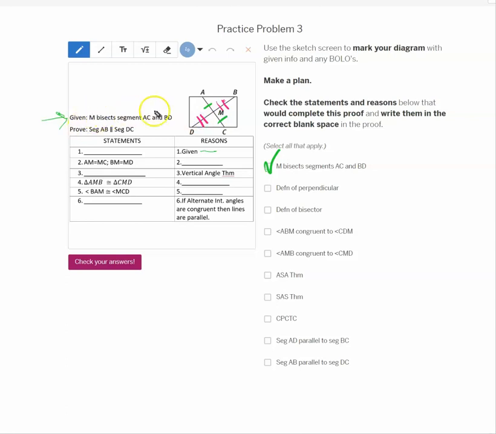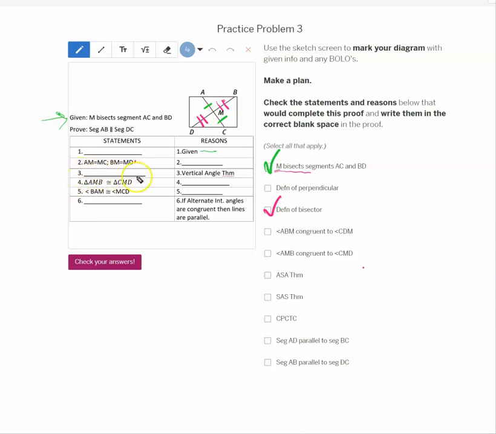Since it said it bisects a segment, that is the definition of bisector, because you always have to look at the previous thing to give the reason for the new one. Since the statement before this was that M bisects, now we know these are equal because of the definition of bisector. So you have to look at one and see how it leads to the next.